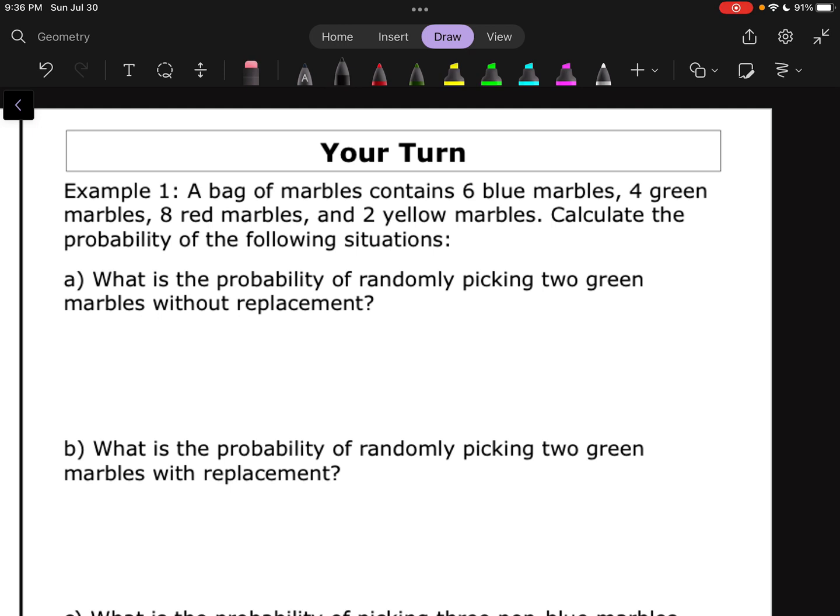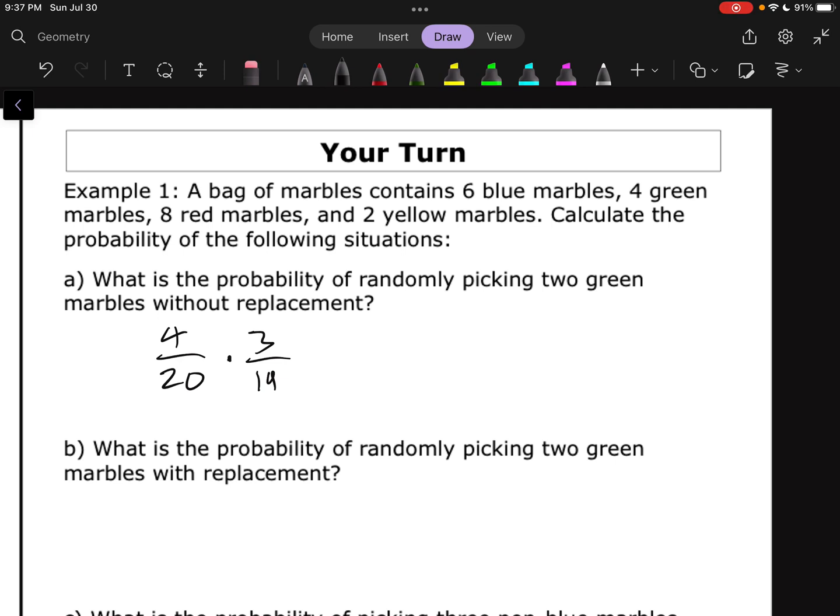All right, probability randomly picking 2 green marbles without replacement. Well, we have 4 green marbles out of, it looks like 20 total. So start off with 4 out of 20. And then we're going back in. We want to pick another green marble. We did not replace it. This was without replacement. So then I'm going to go down to 3 out of 19.